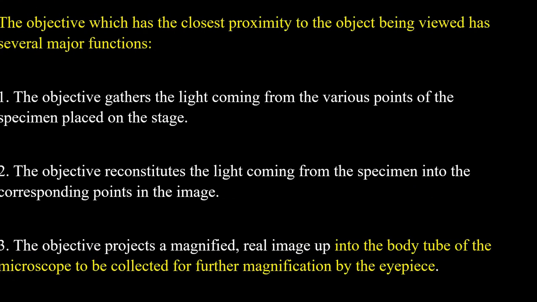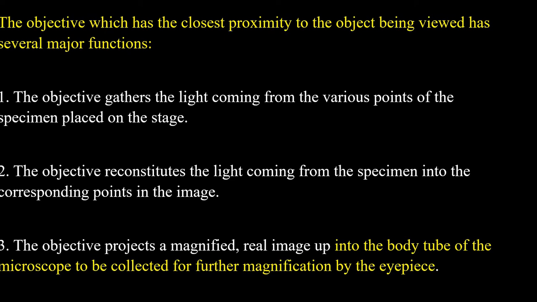The objective, which has the closest proximity to the object being viewed, has several major functions. Which are the functions given below? 1. The objective gathers light coming from the various points of the specimen which is placed on the stage of the microscope. 2.